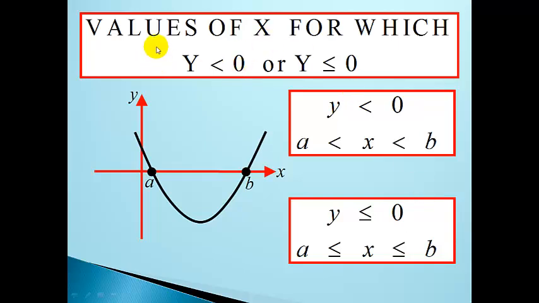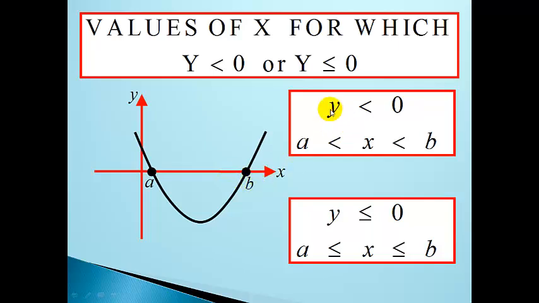Now let's look at how you can find values of x for which y is less than 0 or y is less than or equal to 0. Take note that y is the curve. So if you are searching for values of x for which y is less than 0, that is the part of the curve below the x-axis.